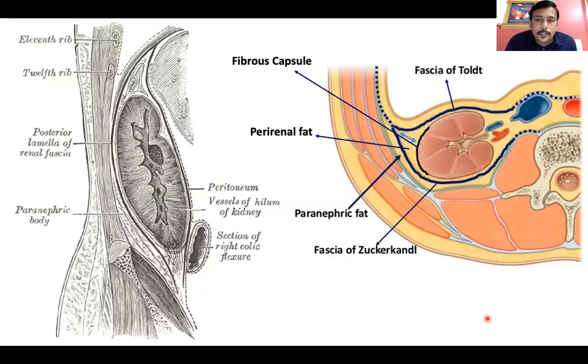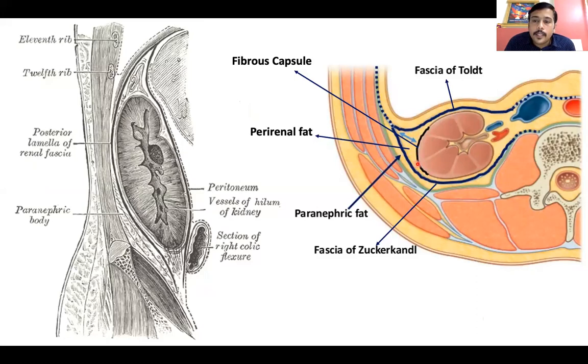So in this picture, you can see here the kidney, and here is the renal sinus. This is actually a transverse section of the left kidney. Here you can see the first layer, which is marked here in black, the renal capsule or the true capsule. Next to that, we have the perirenal fat.